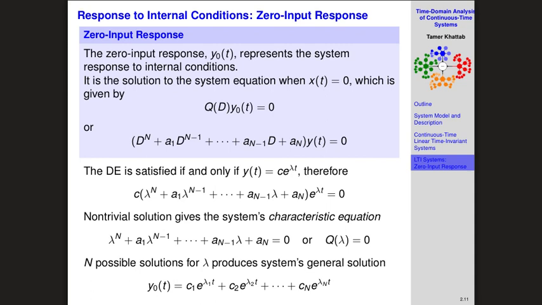Now, in order for a differential equation to satisfy this condition, and mathematically you can go and check your math course why this is the case, this is only satisfied if and only if this y of t is of a shape that maintains its function shape even after taking its derivative.